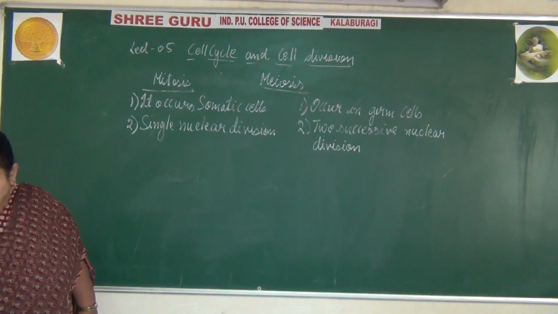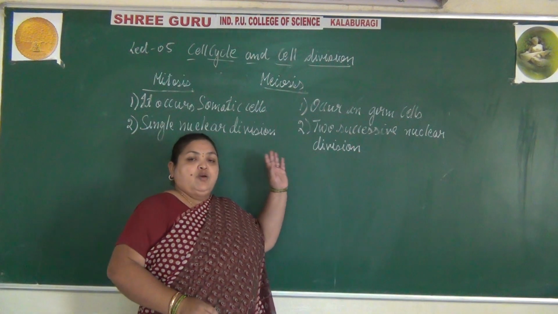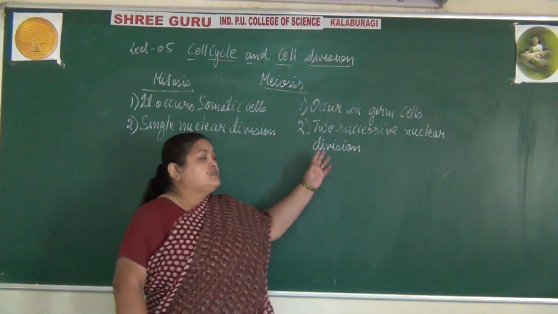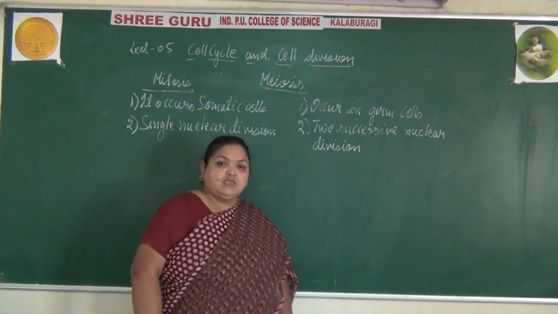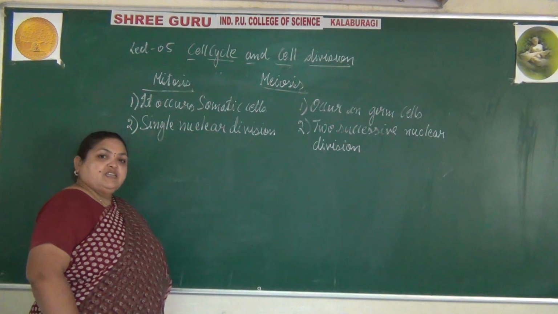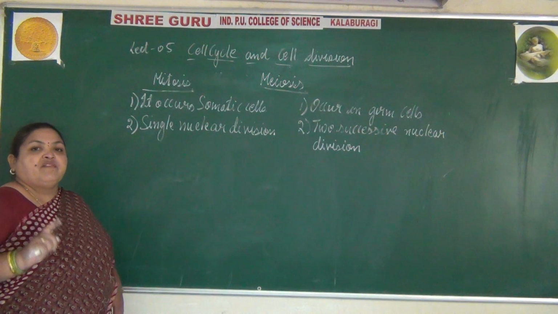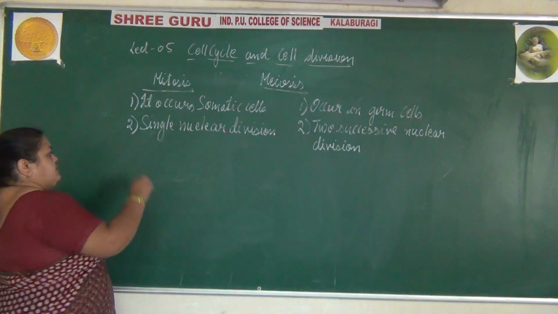We have two phases in meiosis, meiosis 1 and meiosis 2, where the nucleus divides twice, two successive nuclear divisions, while in mitosis there is division only once. The nucleus divides only once, so it is single nuclear division.